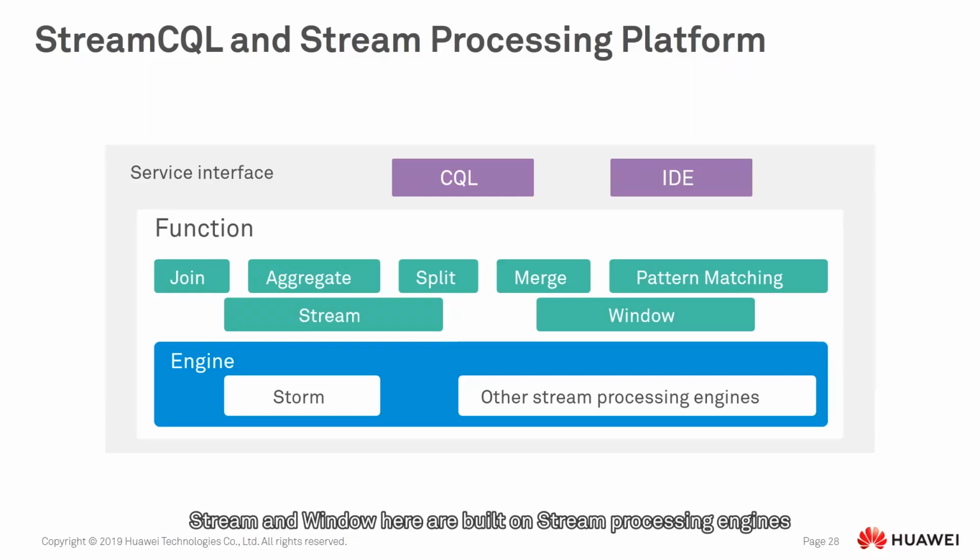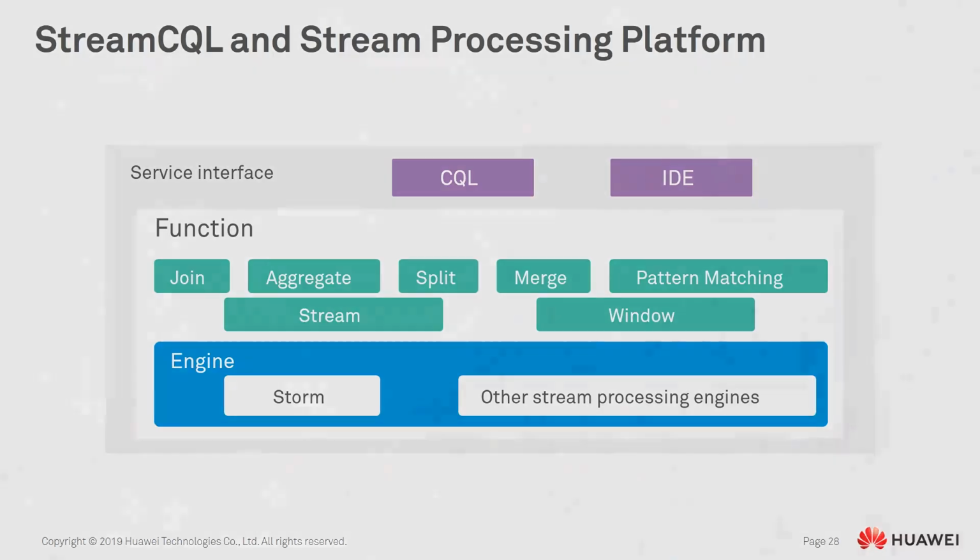Stream and window here are built on stream processing engines and serve as the basis of all Stream CQL functions. Above stream and window are a collection of functional algorithms such as join, split, and merge. At the topmost layer are open query interfaces such as SQL or IDE.